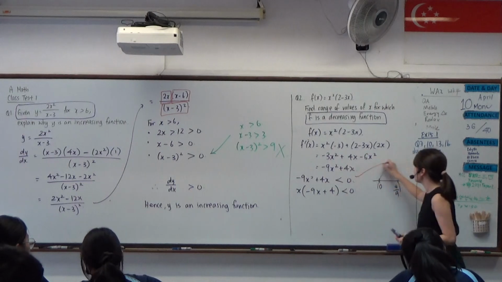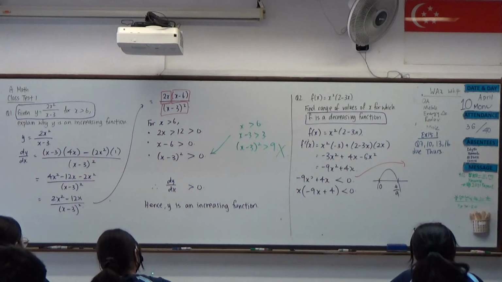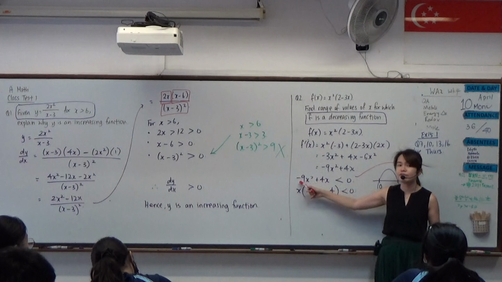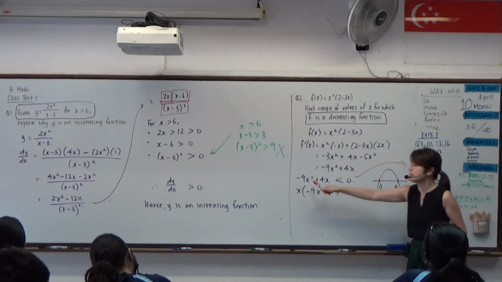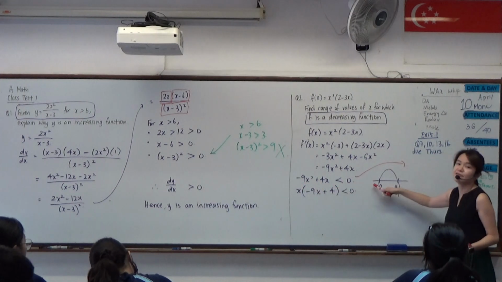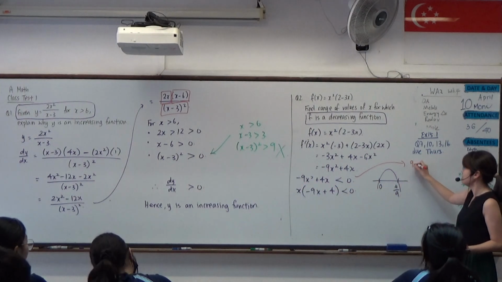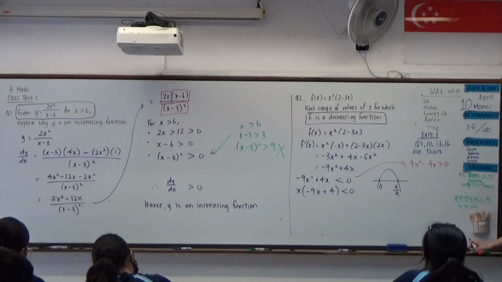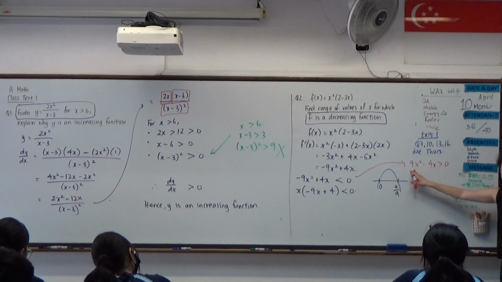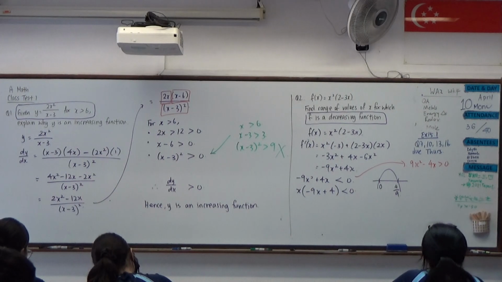Alternatively, what we likely have learned in Sec 3, instead of having to deal with negative x squared, with a negative coefficient, we usually see that if it's negative, we just divide or times throughout by negative and change it into positive. That will be probably one of the first things that we will usually do when it comes to quadratic inequality.